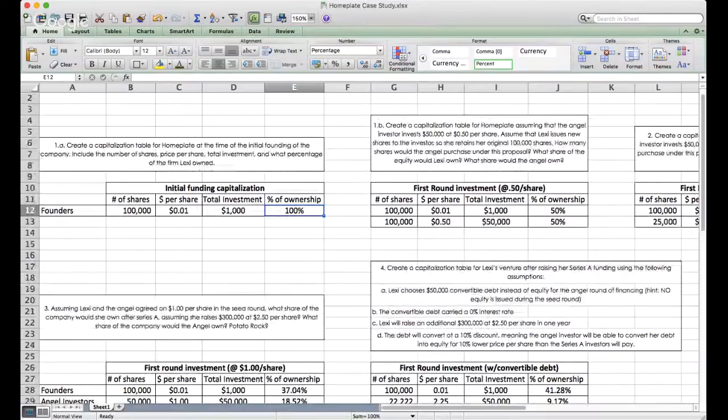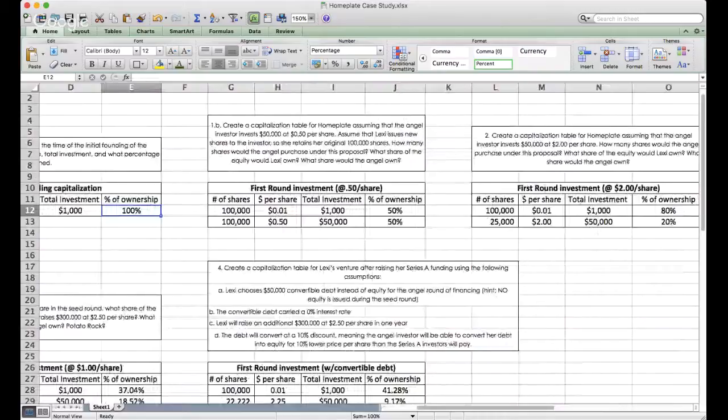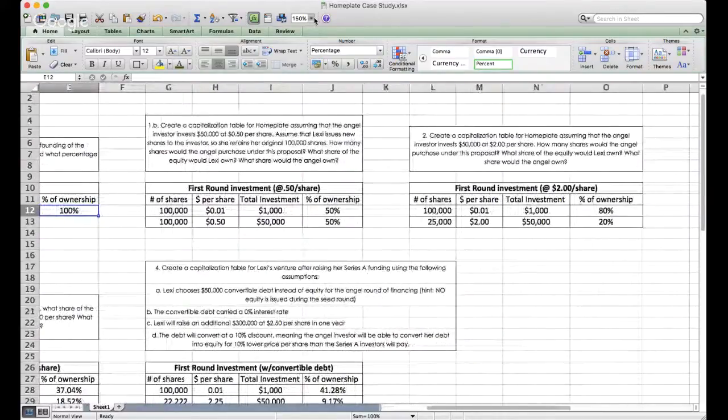And then 1B says, do you need me to make it bigger? No, I can see fine. Okay. Create a capitalization table for Home Plate, assuming that the angel invests 50,000 at 50 cents a share. Assume Lexi issues new shares to the investors, so she retains her original 100,000 shares.